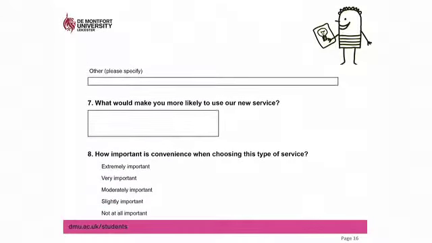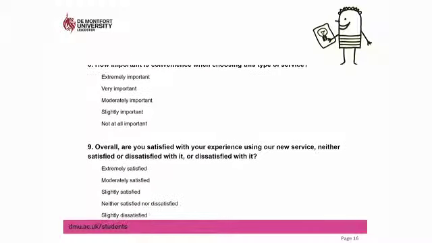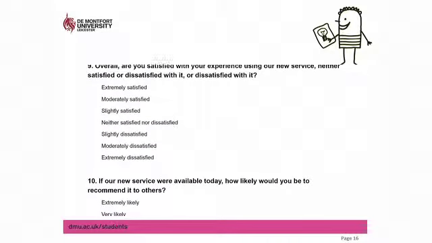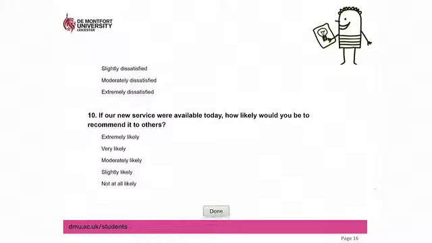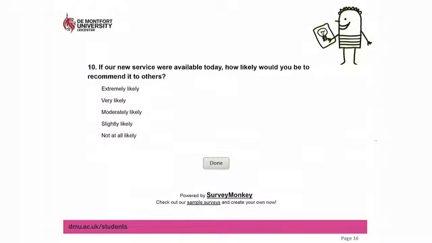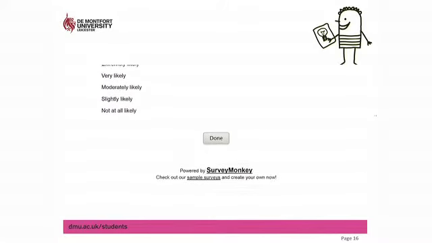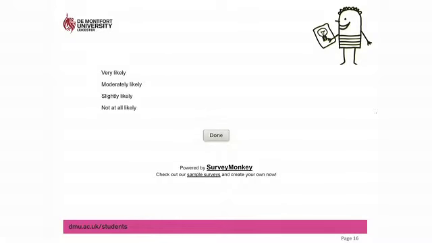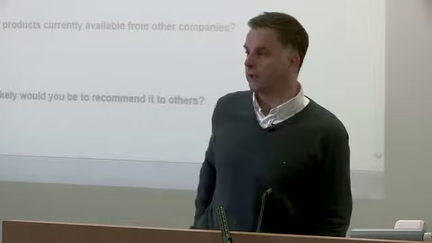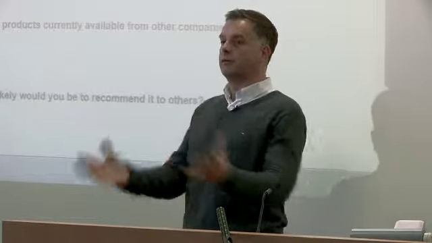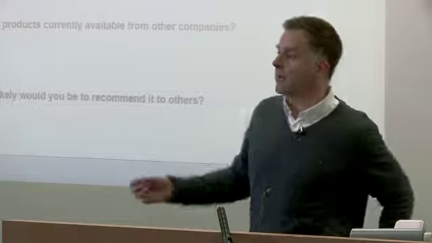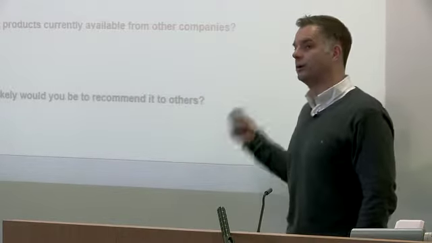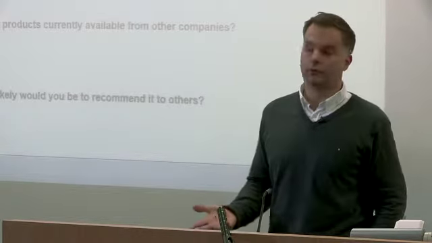What changes would make competing products more appealing to you? Would you recommend it? And if you don't like it, why not? Very simple. 10 questions. Takes about 30 seconds to respond. And that's all it needs to be. It's a generic questionnaire, but that will give you some very significant information about people's views of your product.